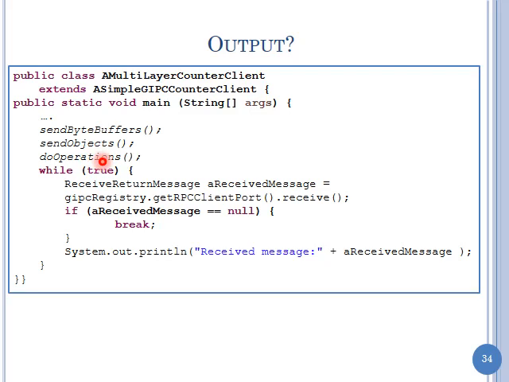On the client side, given the tracing I've done, what would you expect in the output, if you can remember? So send byte buffer. Now we put tracing for the call completer, call invoker, the serializer, the deserializer, for a message being sent on an object port, and for a message being received on an object port. Those are the actions we are tracing.